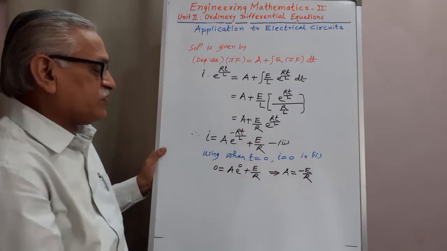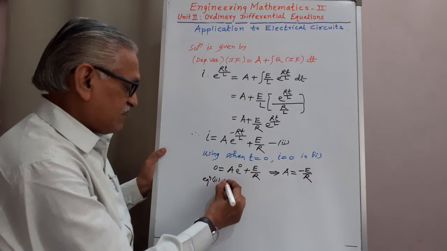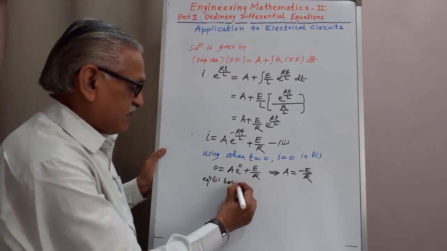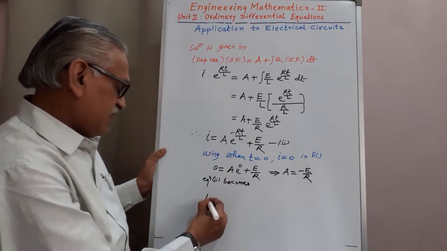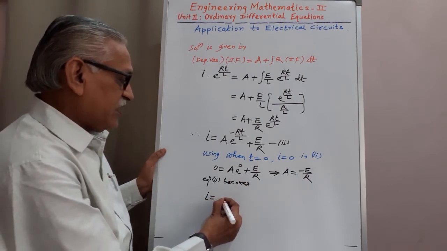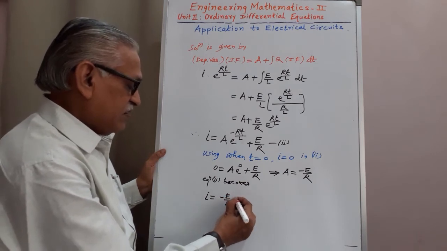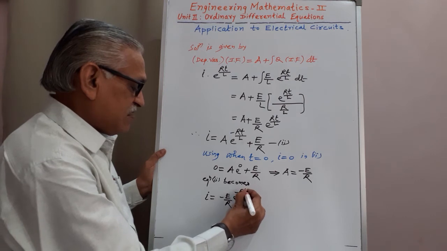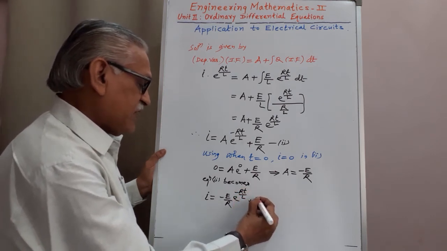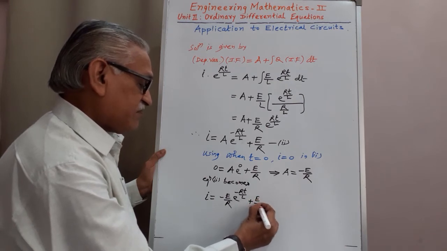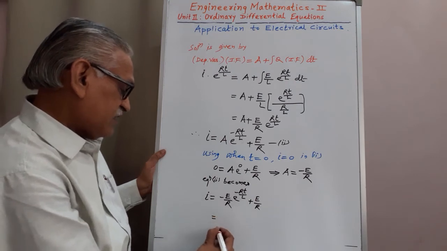Substituting that value in equation 2, it becomes I is equal to minus E by R e raised to minus RT by L plus E by R. And from this equation we can take E by R common.